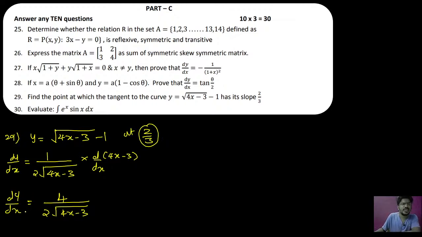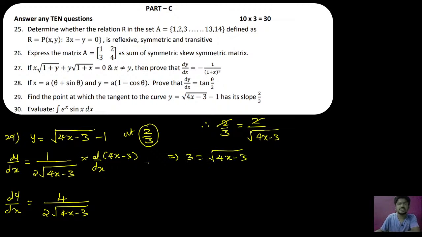That means dy by dx is 2 by 3. Therefore, we can write 2 by 3 equal to, simplifying, 2 into 2 divided by square root of 4x minus 3. Cancel 2 and 2. This implies 3 equal to root of 4x minus 3.